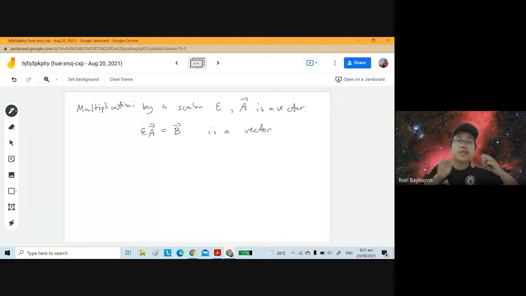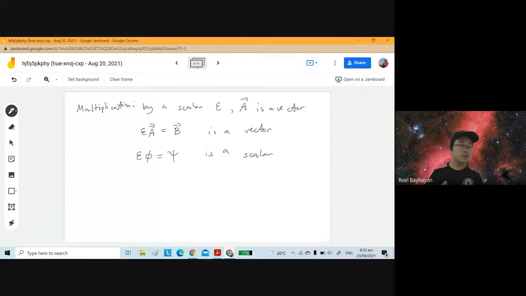So if you only do scalar multiplication, then the result you get is also another vector, which I call B. When we have two scalar functions, epsilon and phi, the result is another scalar function, psi. This one is a scalar.